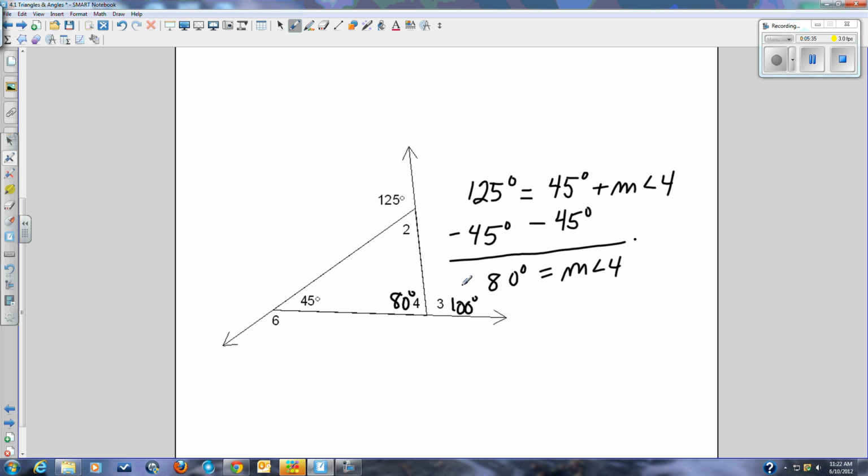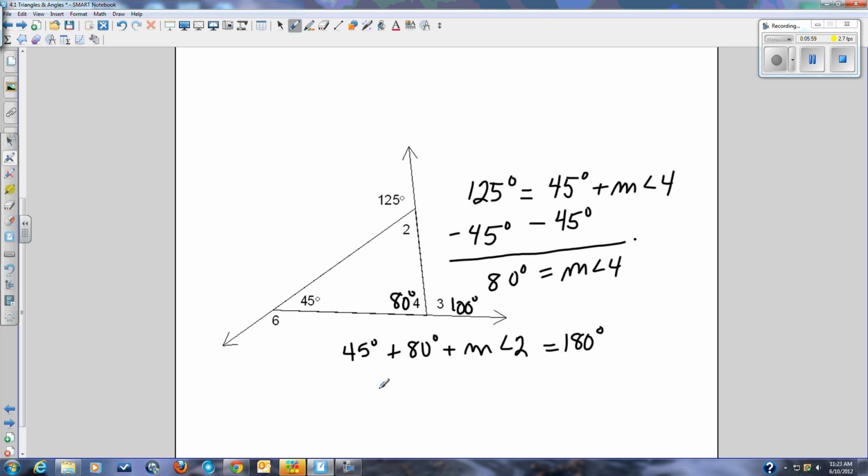Now, let's also use our triangle sum theorem, which said that the three angles inside a triangle have to equal 180. Well, we've got a 45-degree angle. We have this 80-degree angle. And if we add that to the measure of angle 2, that should give us 180 degrees.